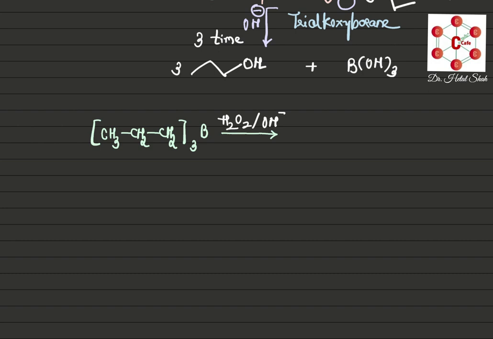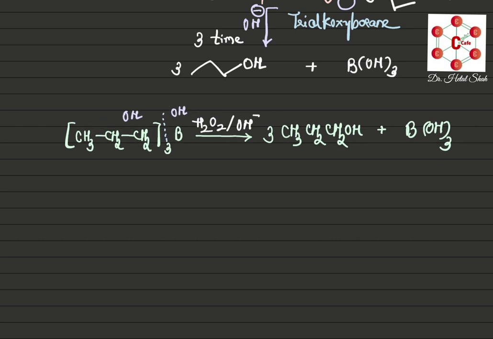I'm doing oxidation. Now pay attention. I'm going to break this bond. All of this is just a disconnection. Boron gets 1 OH and this also gets 1 OH because you've taken H2O2, which produces 2 OH. That's it. So you'll get 3 times CH3, CH2, CH2, OH, and that'd be BOH 3 times. And this is it.